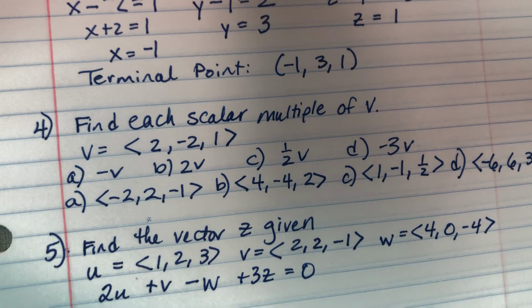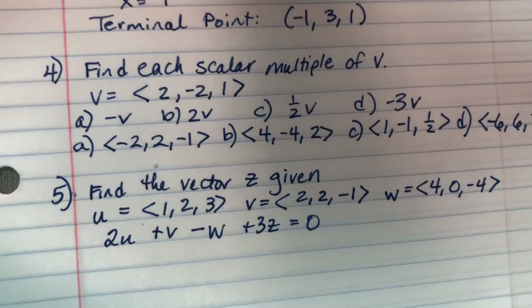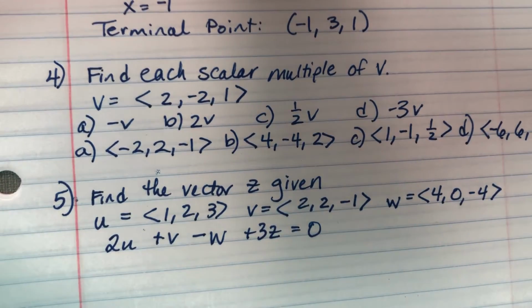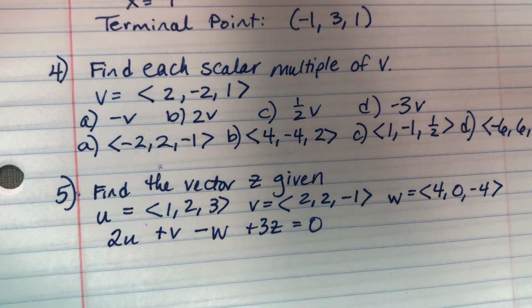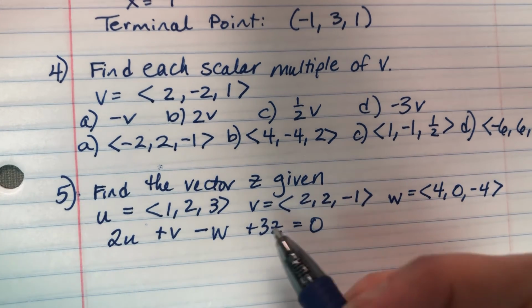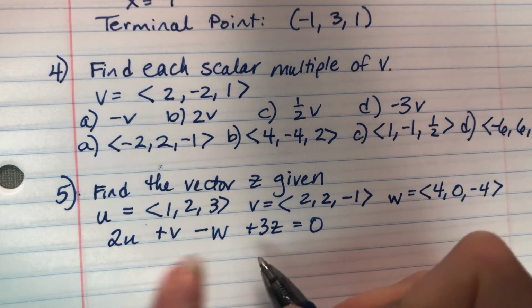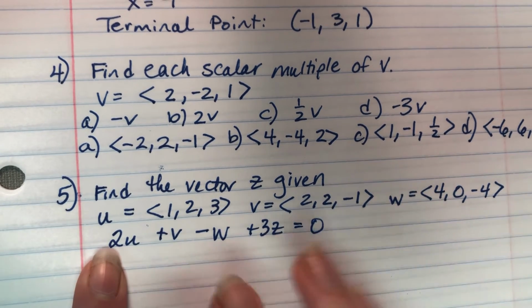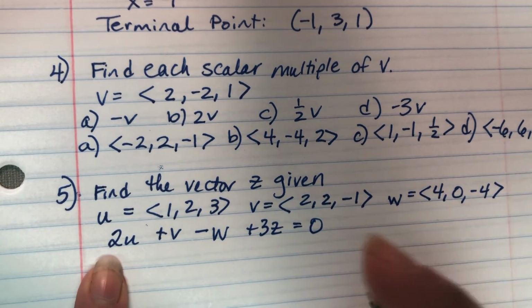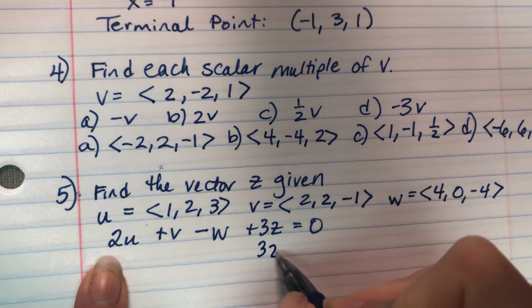All right. So what do we do here? The first thing I want to do, since we're supposed to find vector z, is I want to isolate z in this equation. So all the other variables are moving to the right side of the equation, and they will change signs when they do that.